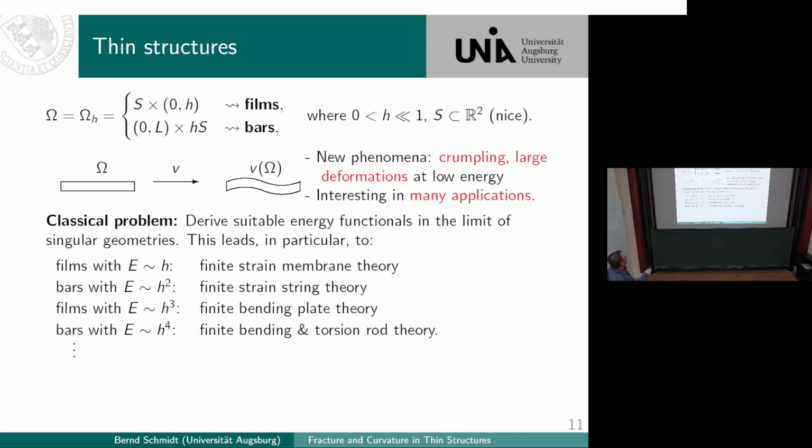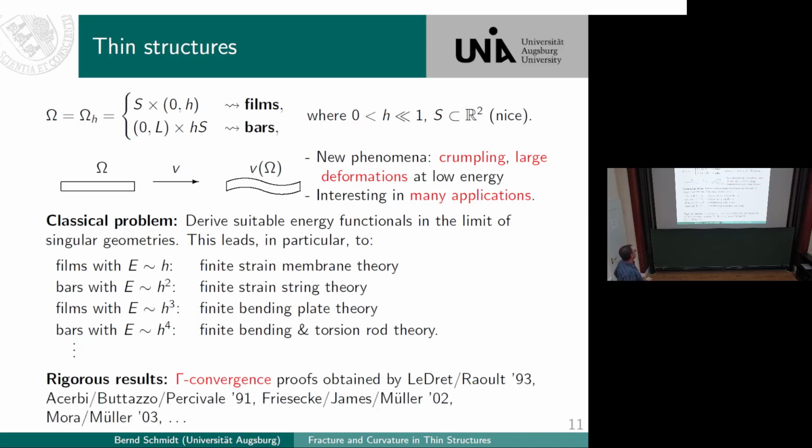You would like to derive effective membrane, string and plate theories, and these are classical works. So for our case, interesting is the work of Le Dret and Raoult, who did this in the membrane regime, and then you all know about this result of Friesecke, James and Müller for the plate theory, and in particular for us it will be important to look into the results by Maria Giovanna Mora and Stefan Müller for the rod theories.